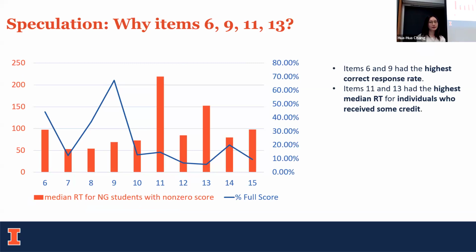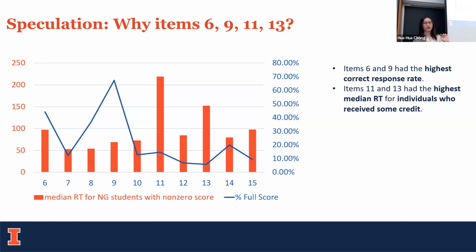Later on, I tried to speculate by looking at why these are the questions where we saw granting extra time actually helped comparable learners. So here's my speculation. This plot was for items 6 to 15, some of the summary statistics. The orange bars are the median response time for students who are not granted extra time with non-zero score, which is for those who got some score on the question, what is the median time they spent on the question?